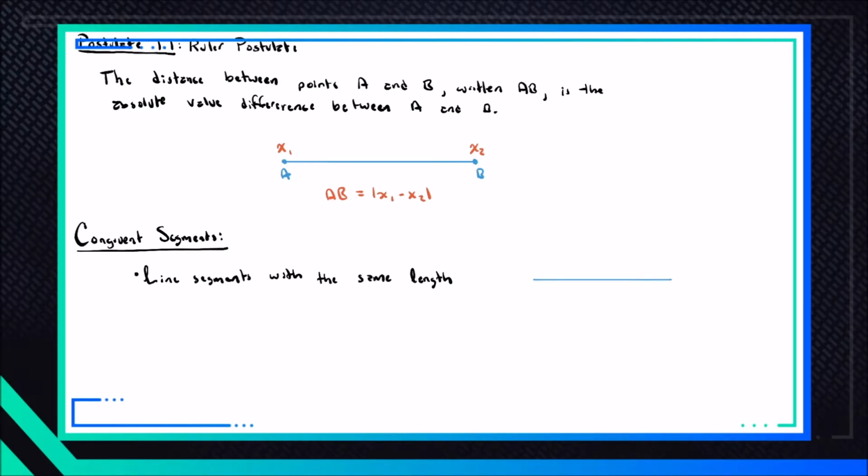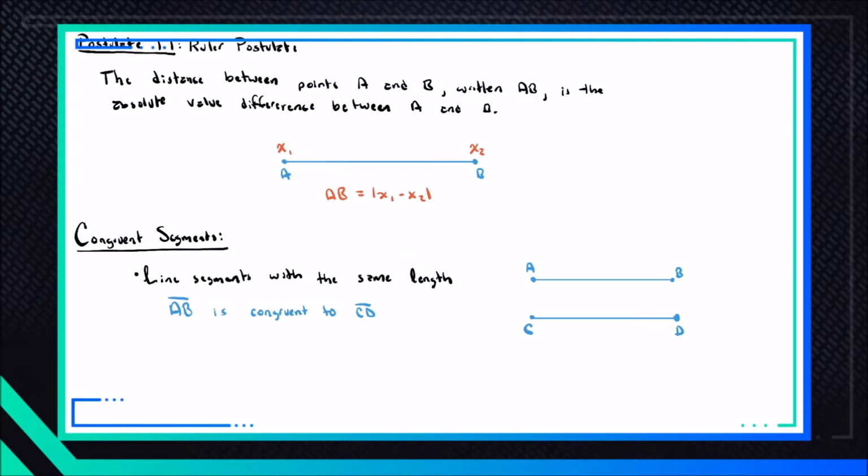So if we have this line segment right here as AB, and this line segment right here as CD, we would say that the line segment AB is congruent to the line segment CD.